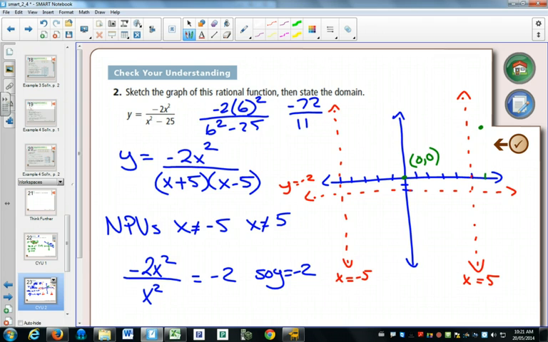And so we're saying 6 comma negative, oh, I guess that's negative 6 point something. It'll be down here, right? 6 comma negative 72 over 11. Estimate where that would be. That'll tell us that in this section the graph is going to go like that.